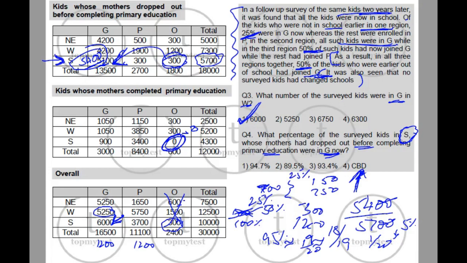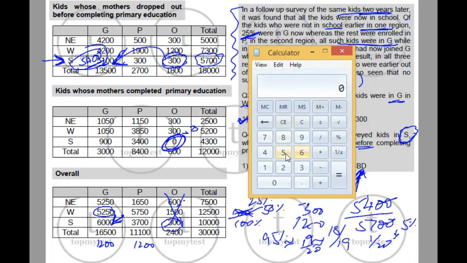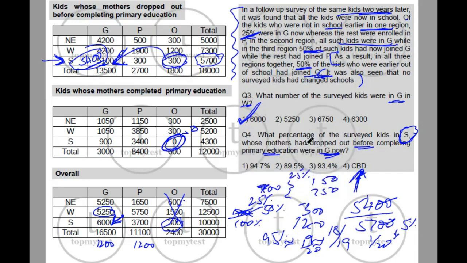We can verify with a calculator if you want to. 18 divided by 19 is 94.7. Option 1 is your correct choice.